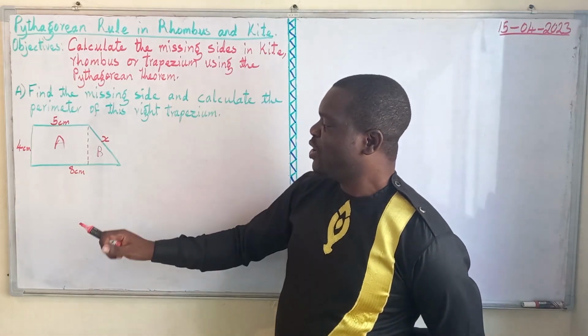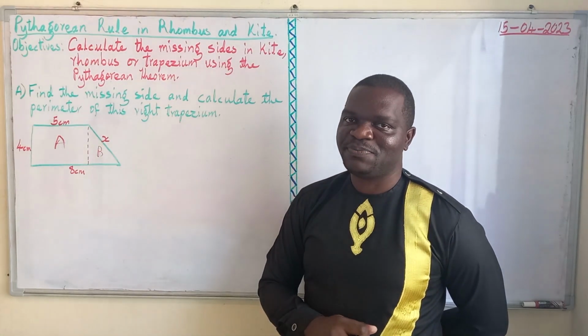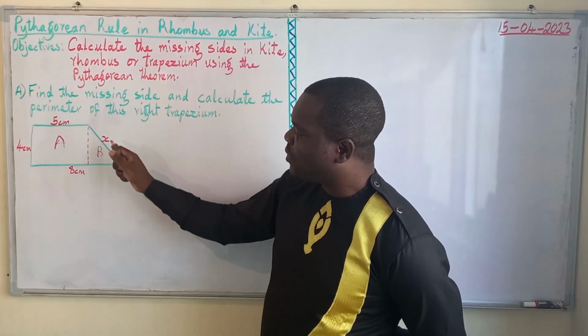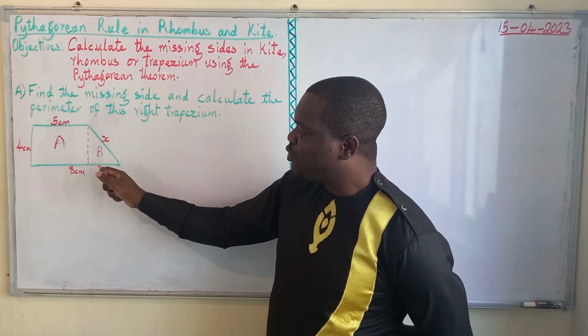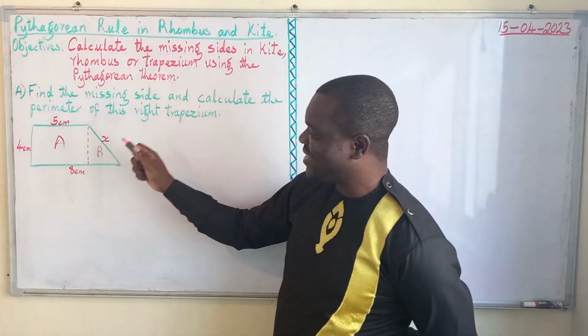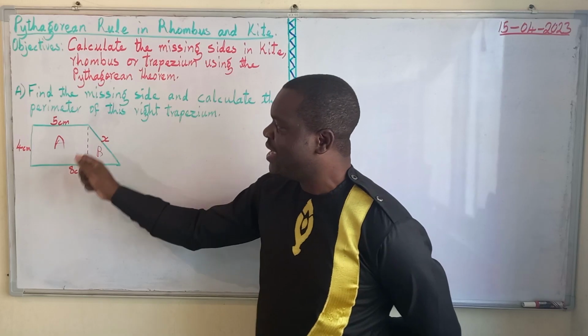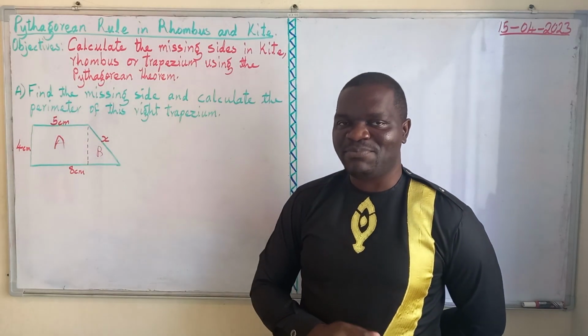And in a triangle, we identify the base, the height, and the hypotenuse. So if we are asked to calculate the hypotenuse here, we have to use the base and the height. But in this case, we don't have the base and the height directly written on it, so we're going to use the dimensions given to find the base and the height.